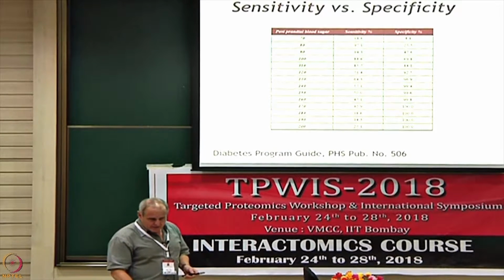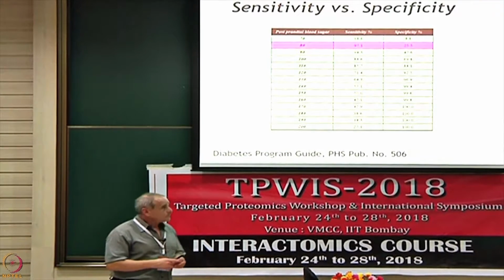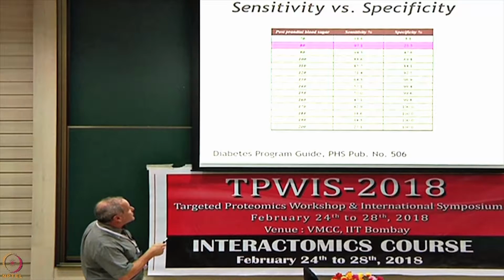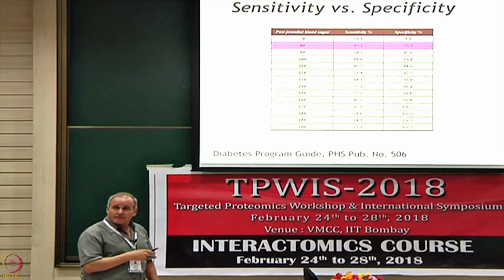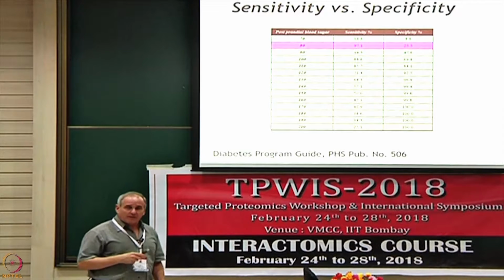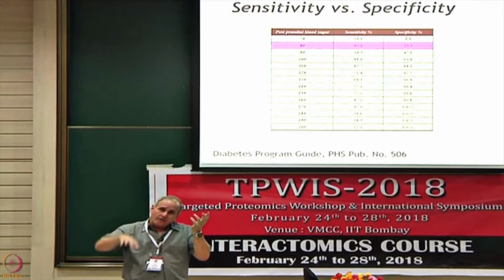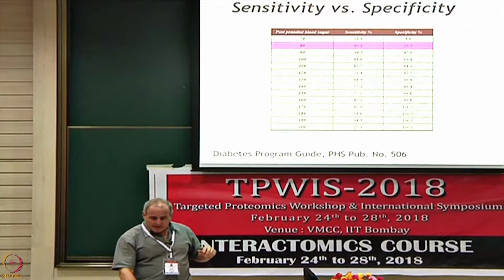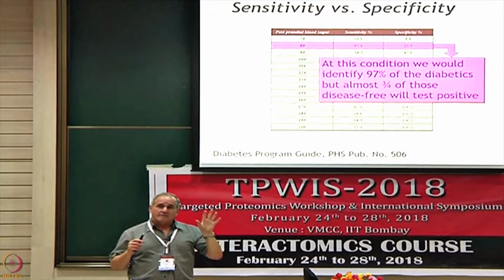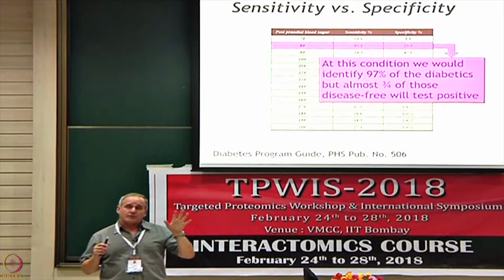Okay? So let's look at this example here. If you use 80 as your cutoff, you're going to be 97% sensitive, right? But you're going to be only 25% specific. So one goes up, the other goes down. So what that means is that you're going to identify 97% of the actual diabetics.